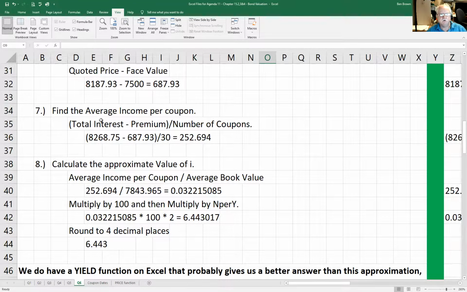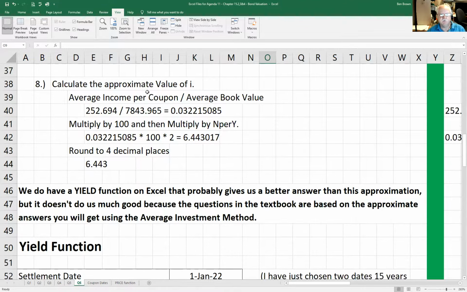And then we can use the total interest minus the premium divided by the number of coupons to find the average income per coupon. And then we find the approximate value. So the average income per coupon divided by the average book value, multiply it by 100, and then by the number of periods per year.